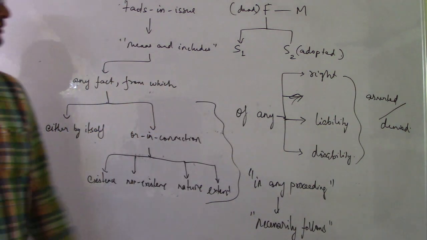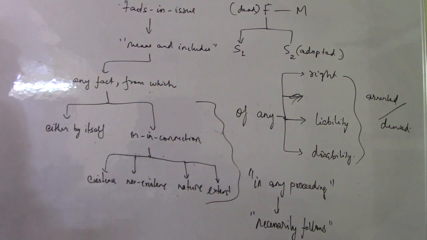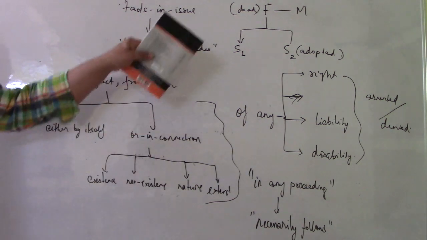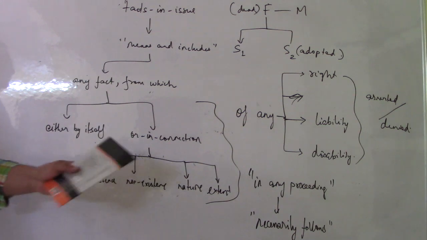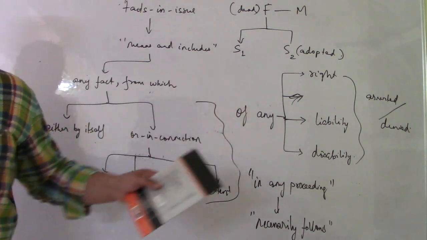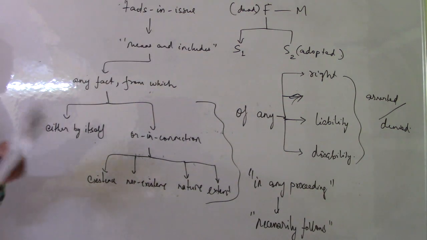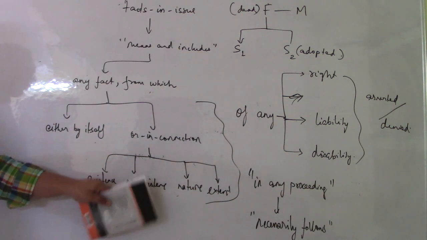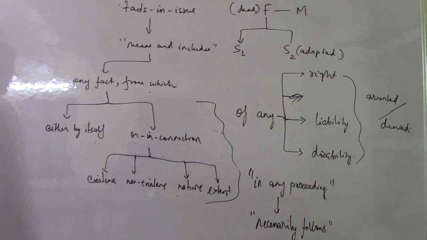Now, if over here S2 succeeds in proving that he was validly adopted, then that will show the existence of his right to get the property. In the same way, if S1 establishes that S2 has not been validly adopted, then simultaneously he will show the non-existence of the right of this person to succeed, and also the existence of his and his mother's right to half of the property each.